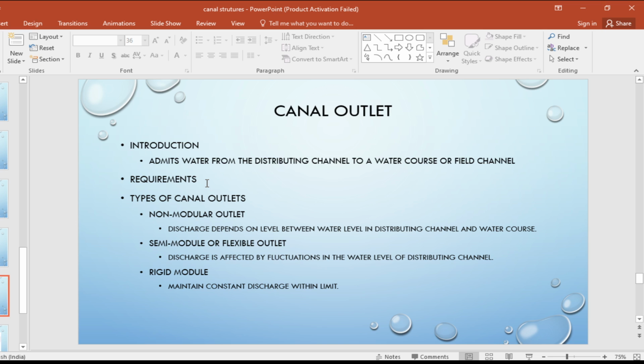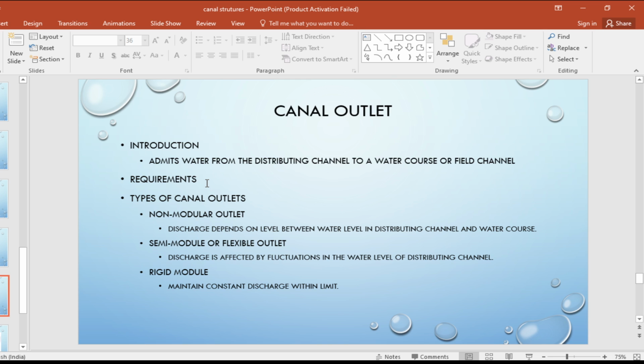Next, the design should be simple so that it can be constructed or fabricated by local masons or technicians also. Next, it should be possible for the outlet to work efficiently with a small working head of water.